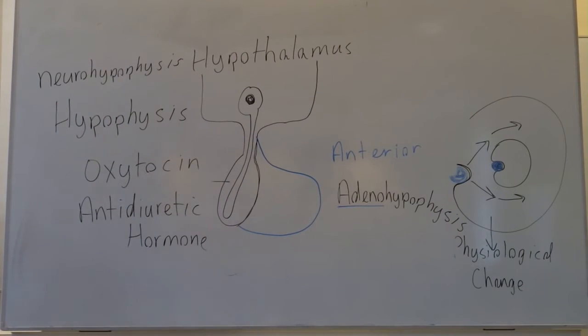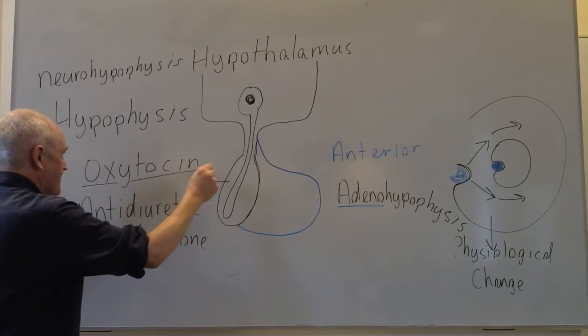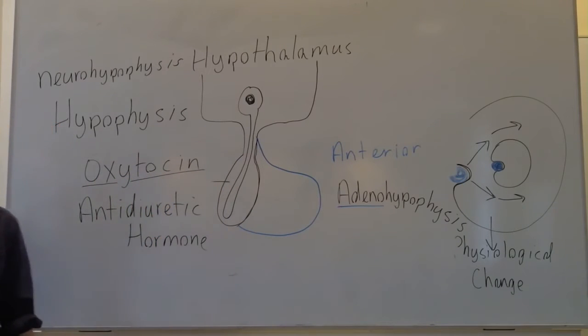The neurohypophysis produces a hormone called oxytocin, and another hormone called antidiuretic hormone.